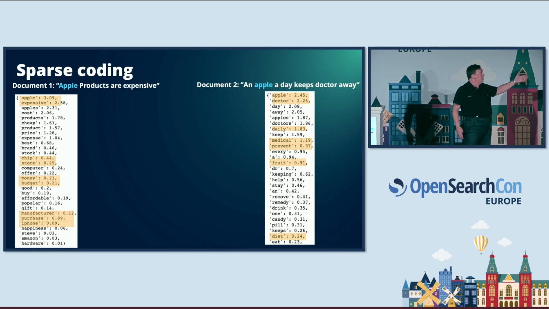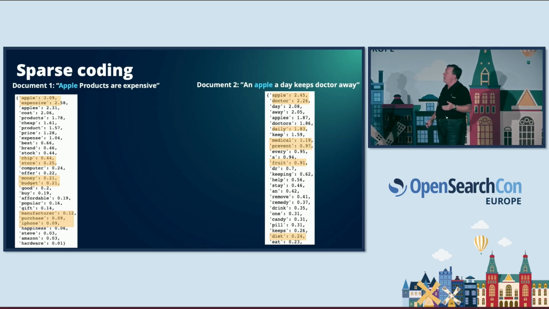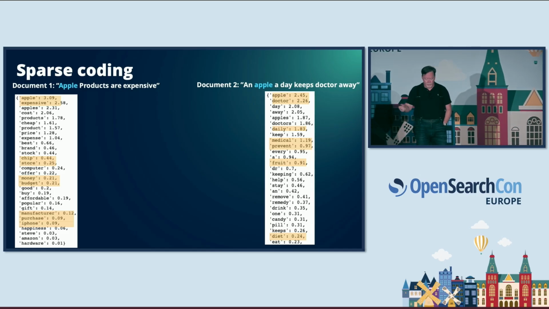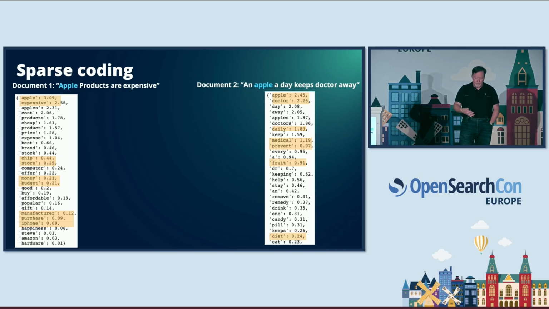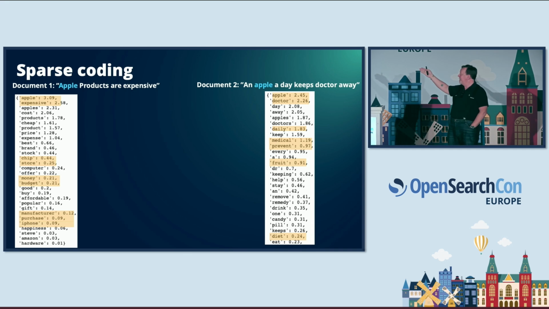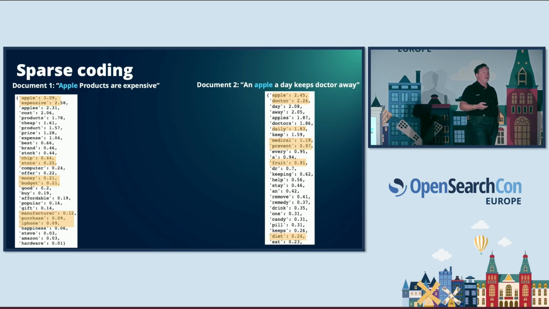So the representation looks a lot like this, where if I have "Apple products are expensive," you can see I have higher weights for things like Apple and expensive, chip, store, etc. And other weights are lower, like in this case, no, we don't have food. Okay, so look at 2, and you can see "an apple a day keeps the doctor away." We get higher weights on apples and doctors and medical and prevent and fruit and diet, right?